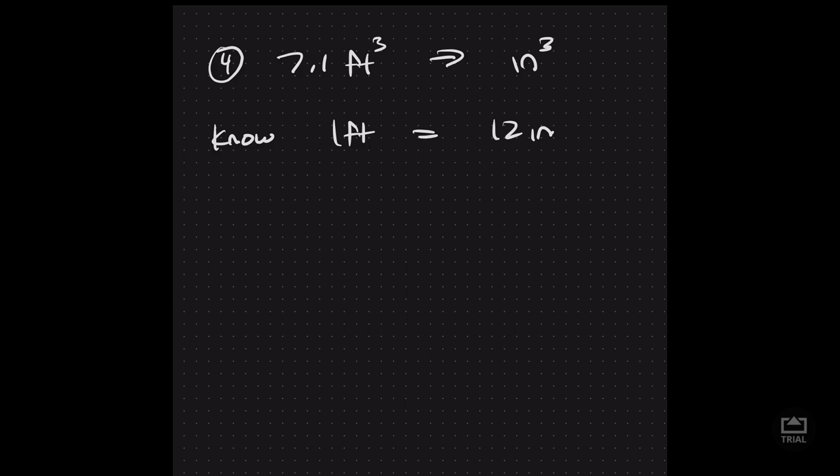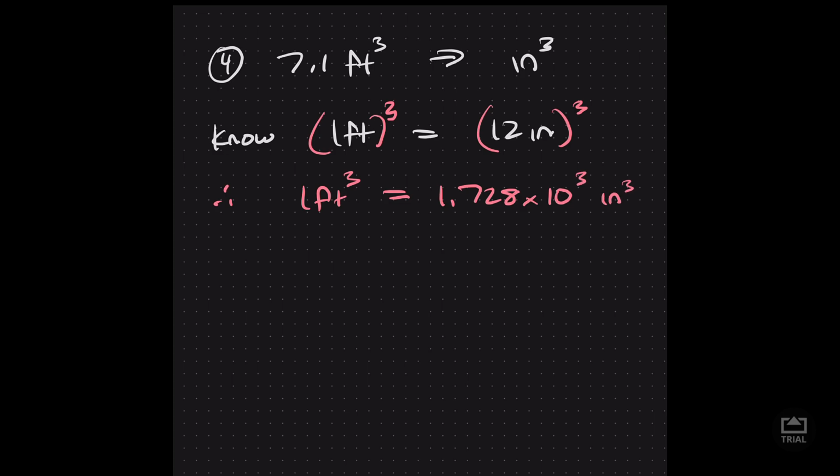And because we're dealing with a volume, I need to cube that, and I need to cube that. Therefore, 1 cubic foot is equal to 12 times 12 times 12. And I'm just going to put it in scientific notation, 1.728 times 10 to the 3 inches cubed.